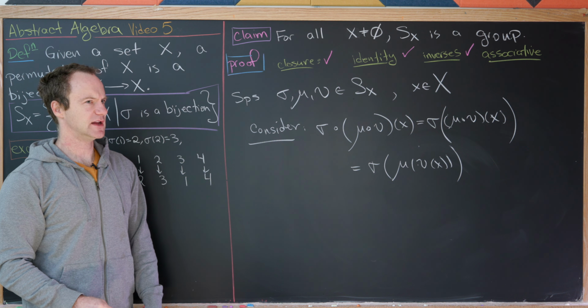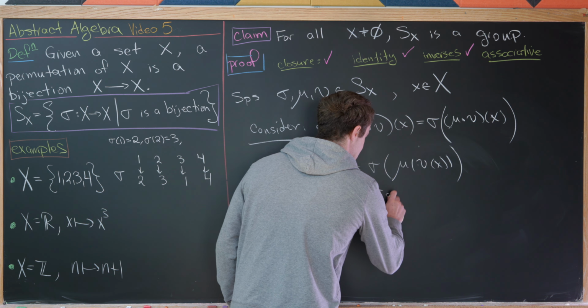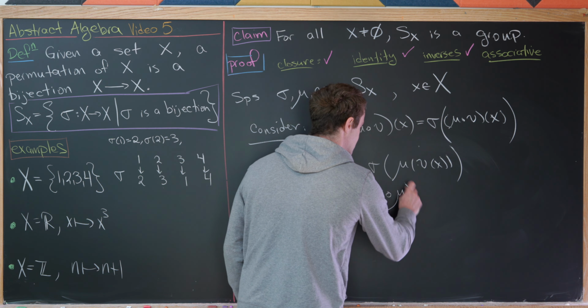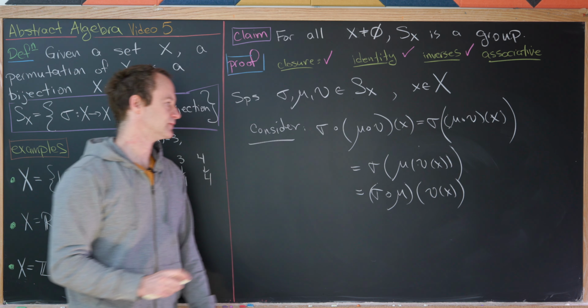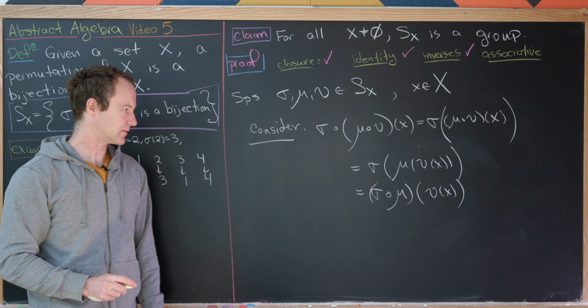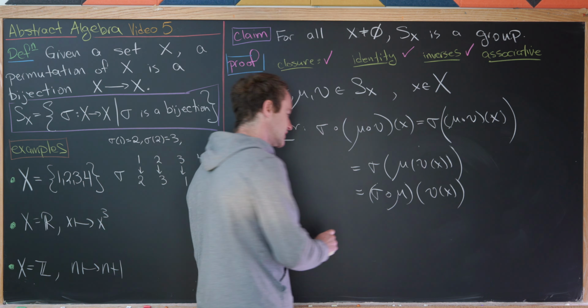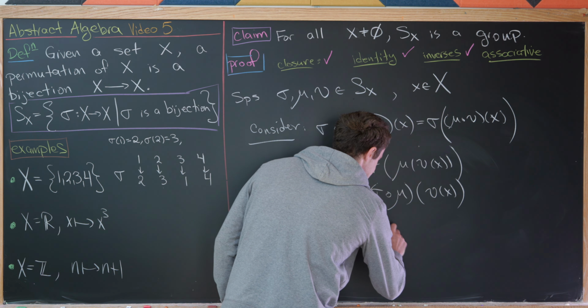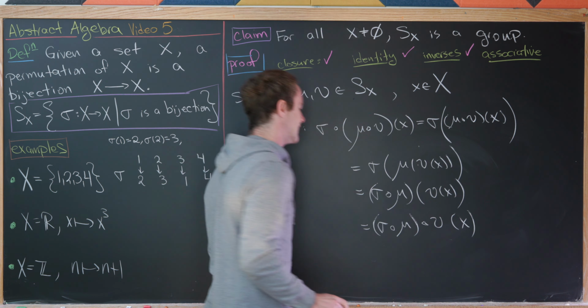And now we're ready to decompose this. This is equal to sigma composed with mu evaluated at nu of x, just using definitions of composition. But now we can take that one more step and see that we have sigma composed with mu composed with nu evaluated at x.